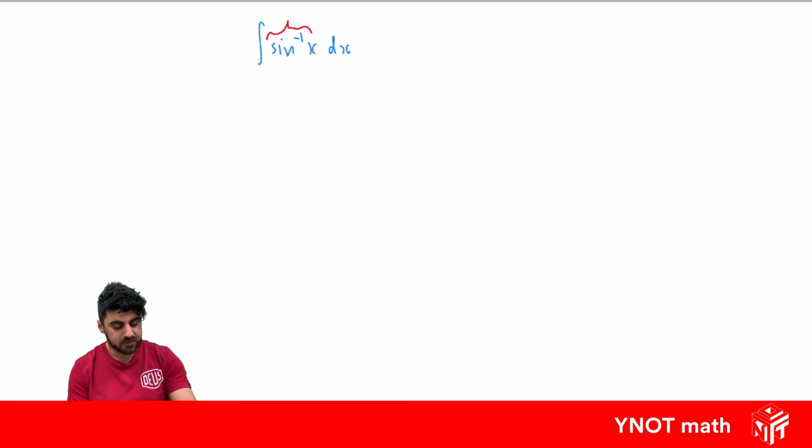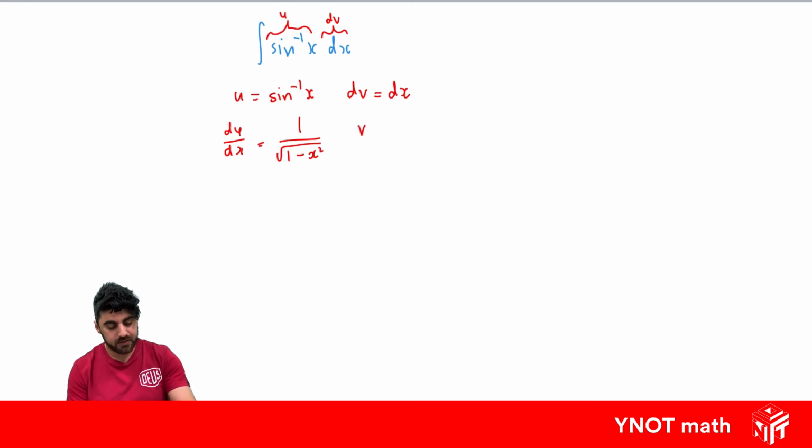And I'm going to take a similar approach and let this equal u and this equal dv. So u is going to equal the inverse sine of x, dv will equal dx. So here we can find du dx, which we know is 1 over the square root of 1 minus x squared.